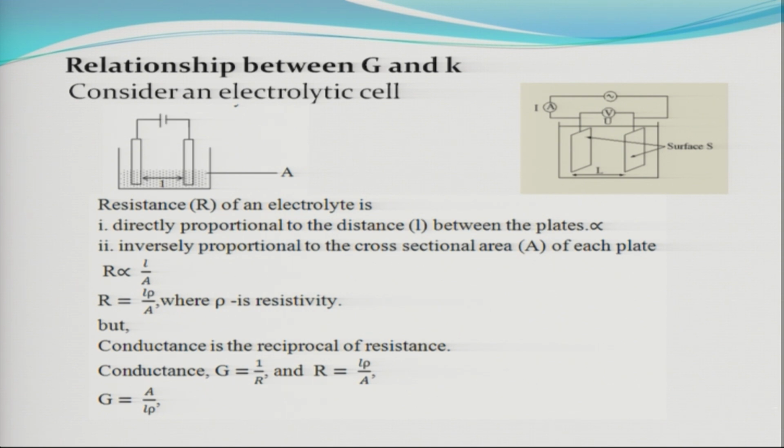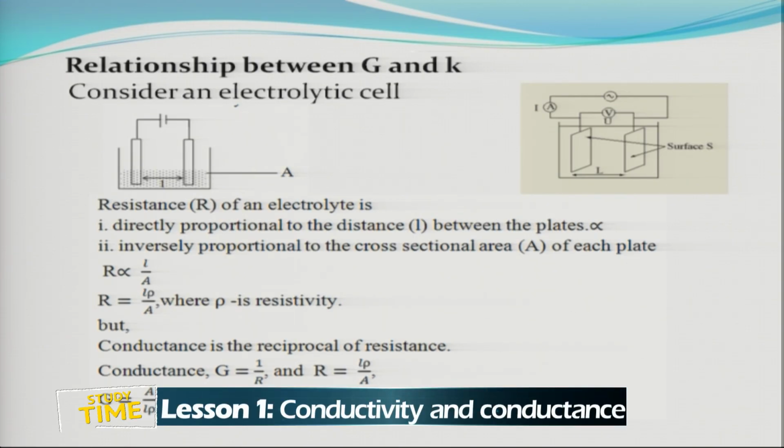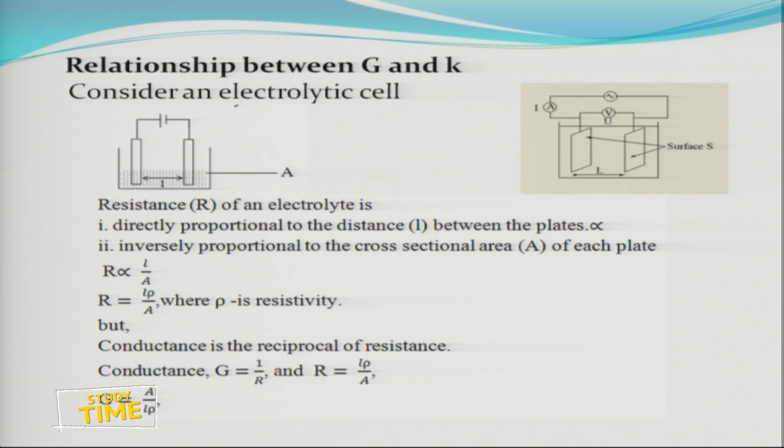If you look at your screen very well, you'll observe that these are our plates, and the distance between them is L. We are going to use L to represent the distance, and also inversely proportional to the cross-sectional area of each plate.